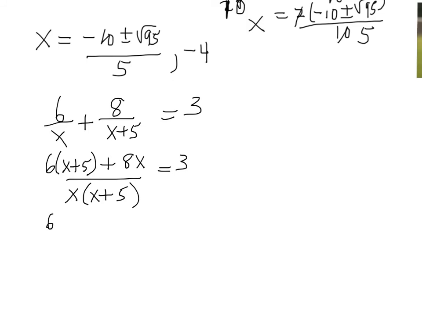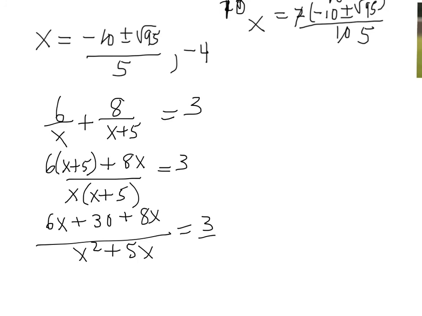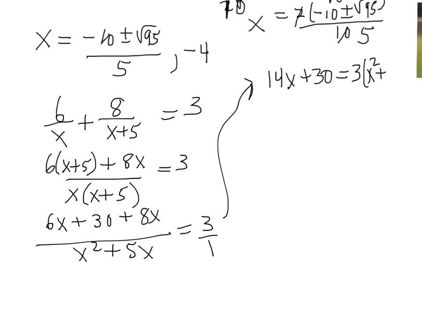So I'm going to get 6x plus 30 plus 8x all over x squared plus 5x equaling 3. Now I'm going to cross multiply, so we're going to get 14x plus 30 is equal to 3 times the x squared plus 5x.